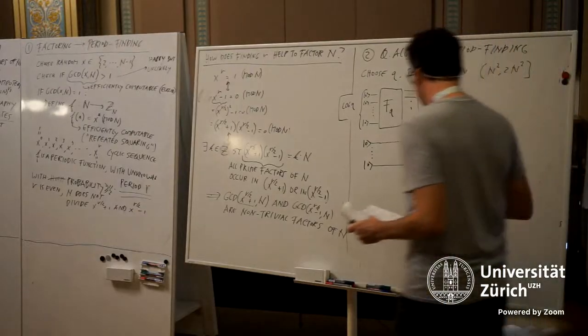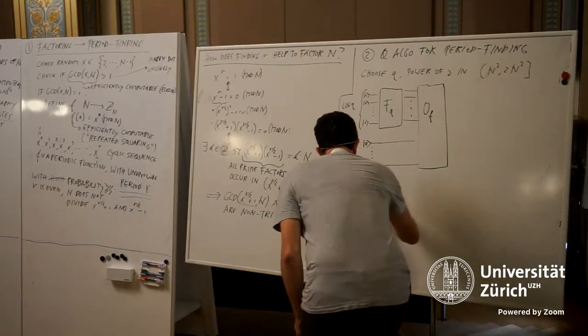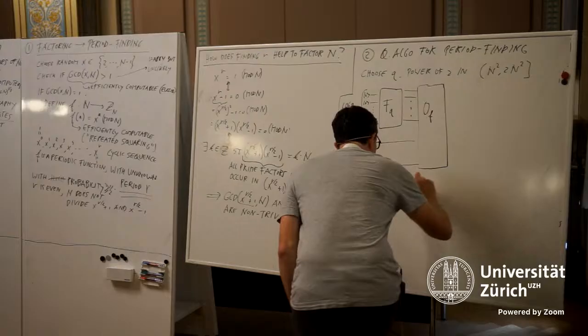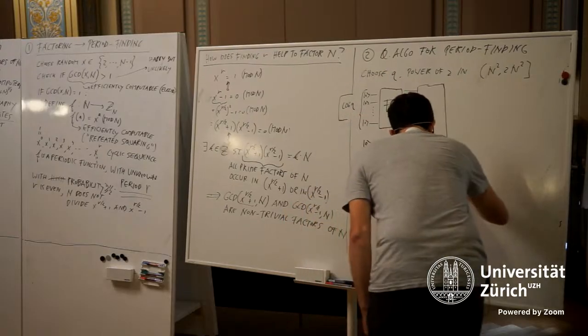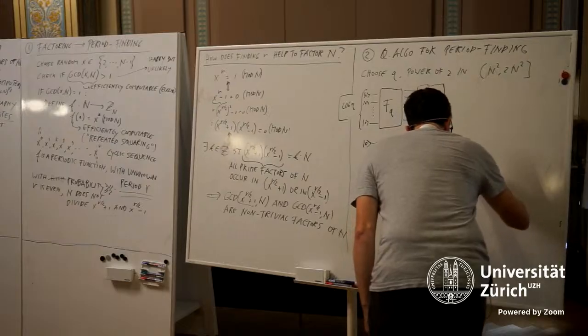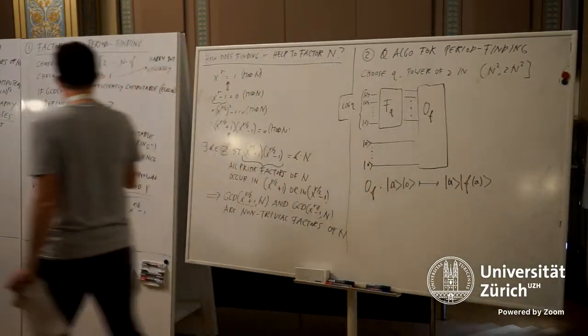I'll explain what this is. So OF is a unitary that does the following. It takes base state a comma 0 and computes a comma f(a), where f is this function here.